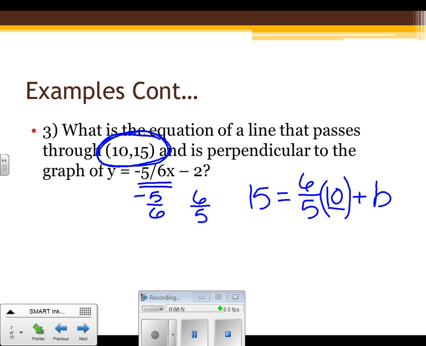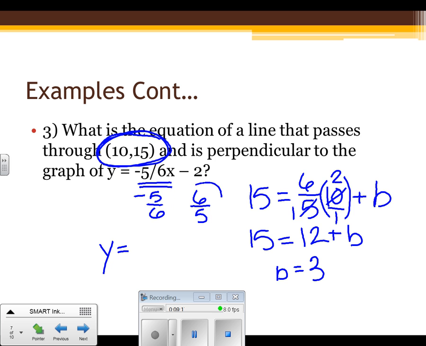Multiplying 6/5 by 10, that's 2 times 6, which is 12. So 15 is the same as 12 plus b, which means b is 3. So our equation is y equals 6/5 x plus 3, where 6/5 is the opposite reciprocal slope and 3 is our y-intercept.